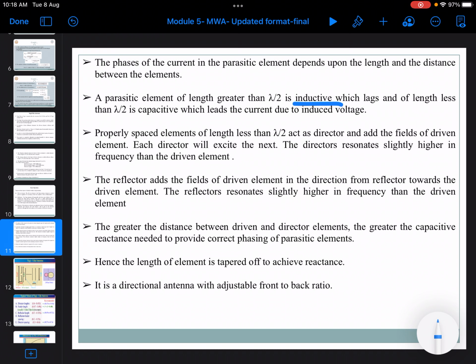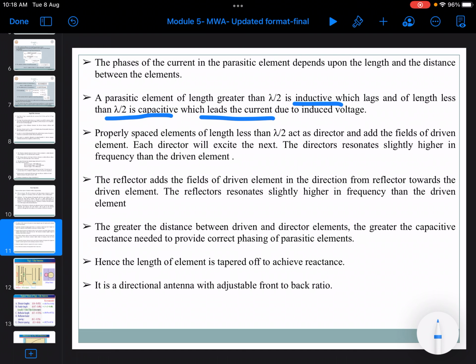As we know, an inductor lags the current, and capacitive means if the length is less than lambda by 2, that is the case of director, it acts like a capacitor and it leads the current. In the case of a capacitor, it leads the current due to the induced voltage.